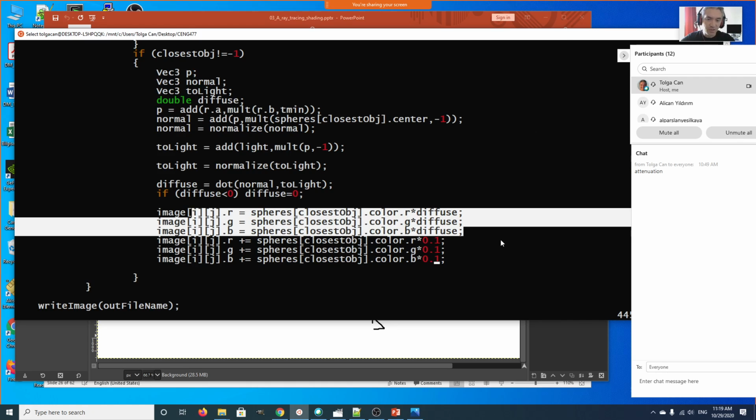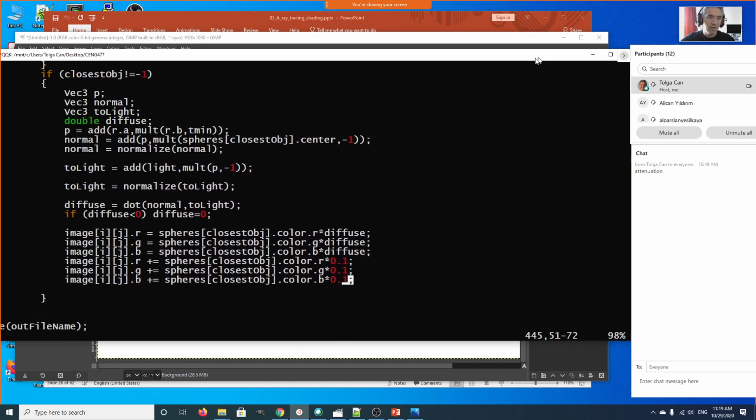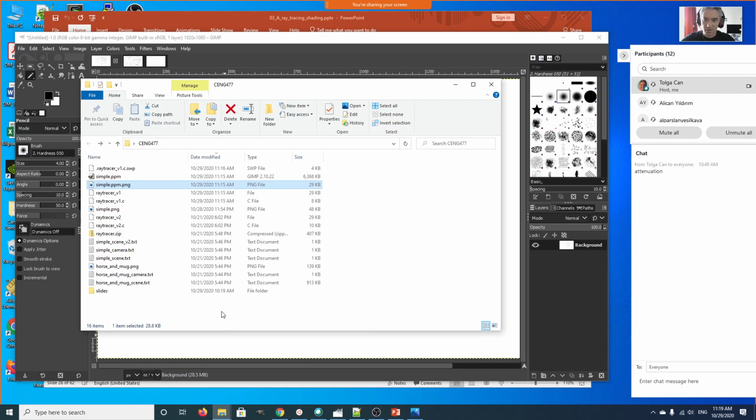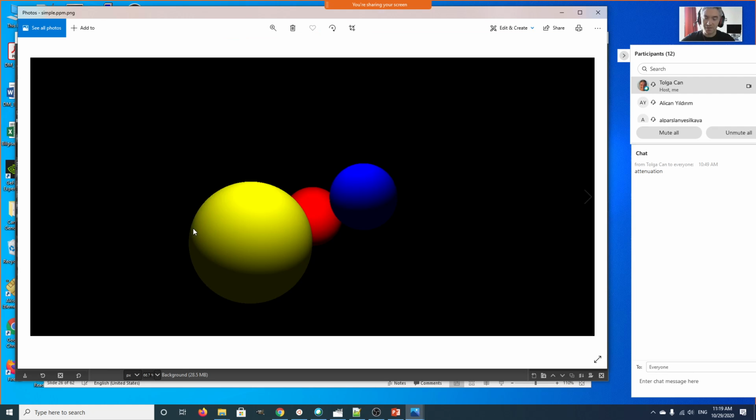So it's that simple. With just this, our bad scene, which was just same-color spheres, turned into something like this. They became three-dimensional.